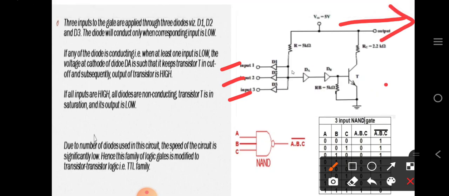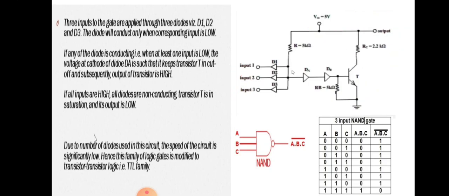And opposite to that, if all the diodes are conducting, the transistor will turn on, and if the transistor is on, then the current will pass like this and it will go towards the ground, resulting in the output 0. So like this, one by one condition we can satisfy the truth table. From the truth table you can see if all the inputs A, B, C are 0, then in that case the output is 1.